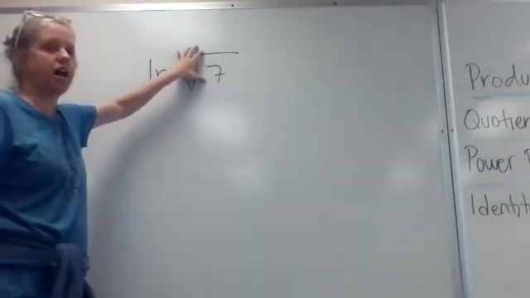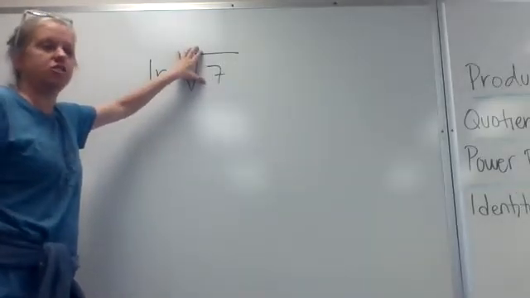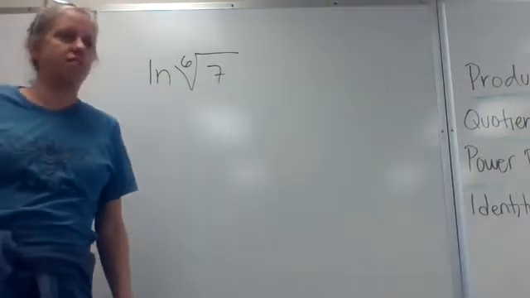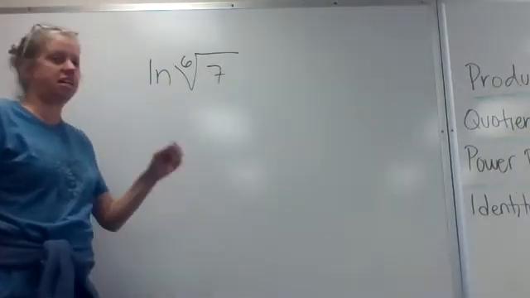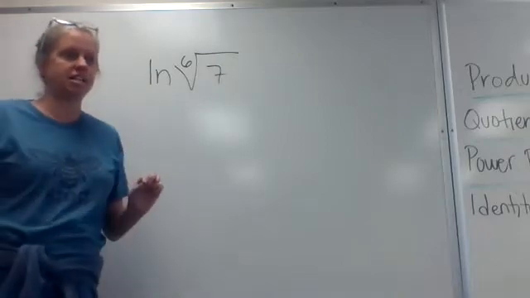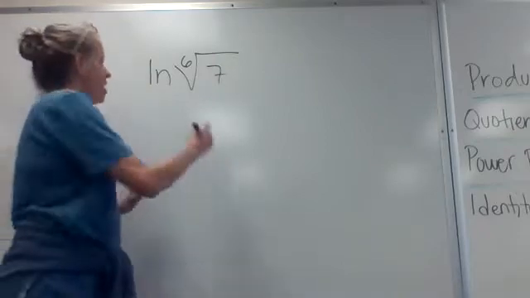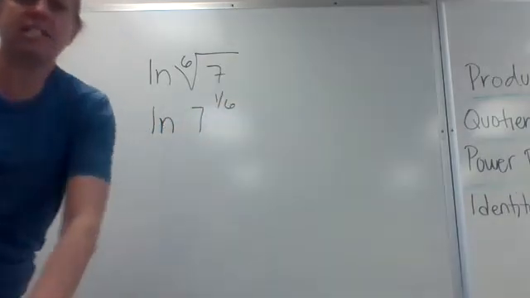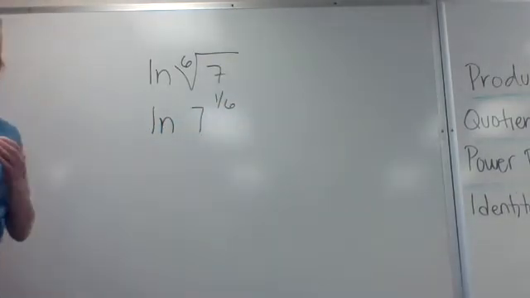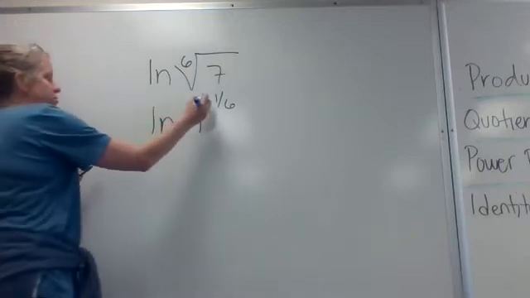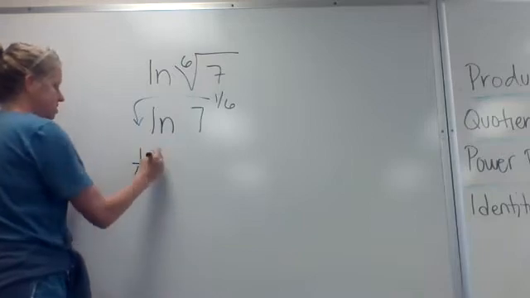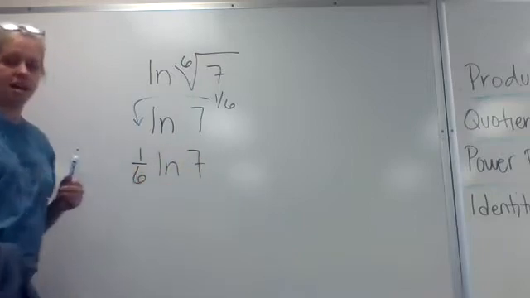I need to turn that radical into the exponent. What does it mean if you're taking the 6th root of a number? That's the same thing as raising it to the 1/6 power, right? So this is the same thing as saying ln of 7 to the 1/6 power. Now I can express it as a product by bringing down the exponent, which will be 1/6 times ln of 7.